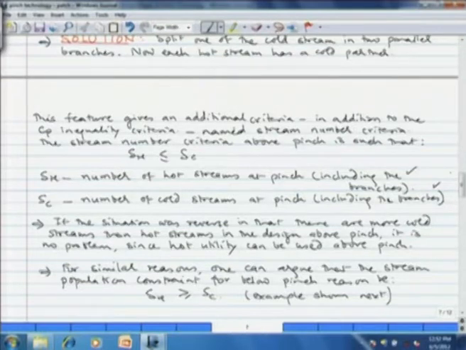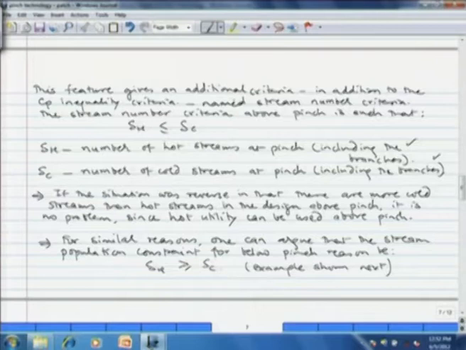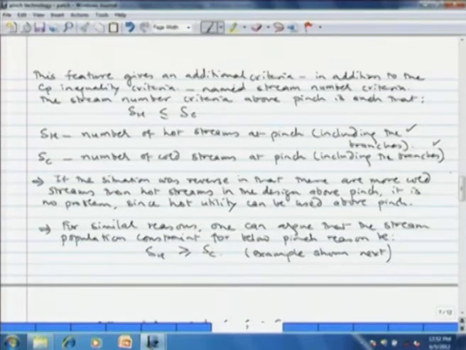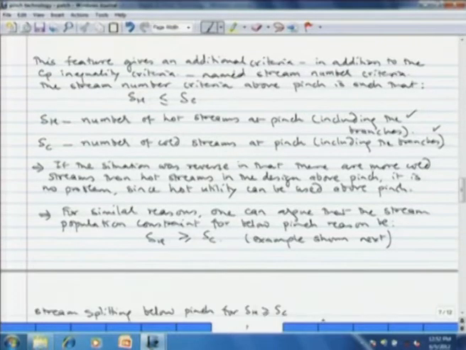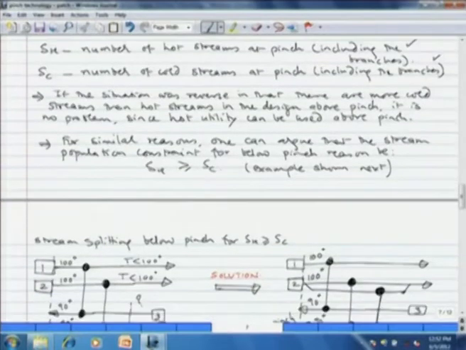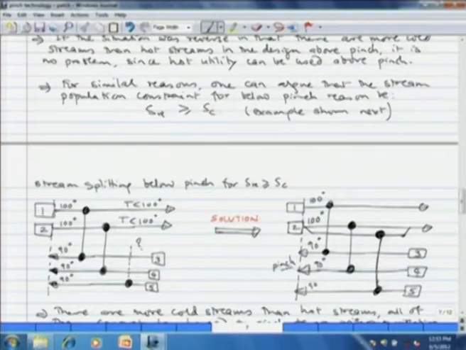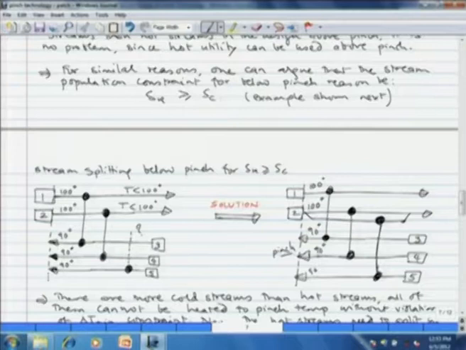If the situation was reversed, with more cold streams than hot streams above pinch, it is no problem because we are allowed to use hot utility above the pinch region. So, if a cold stream does not have a partner in the above pinch region, we can match that cold stream with hot utility. For similar reasons, one can argue that the stream population constraint for the below pinch region should be SH greater than or equal to SC.